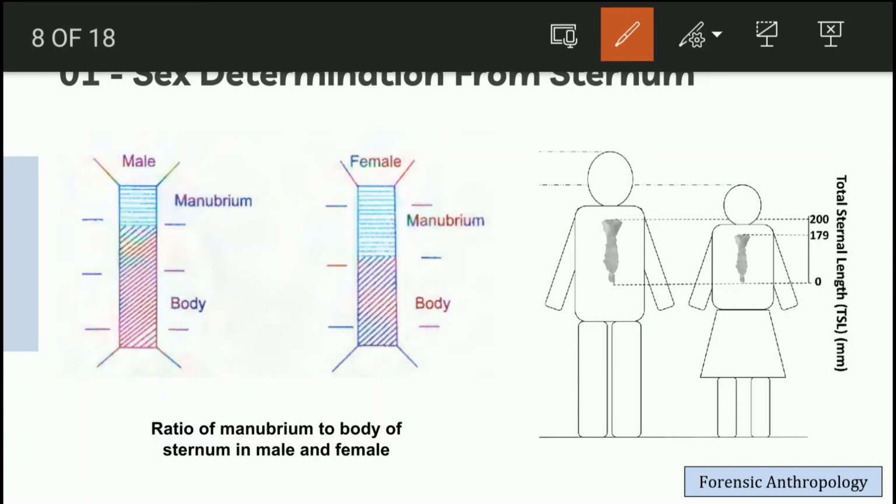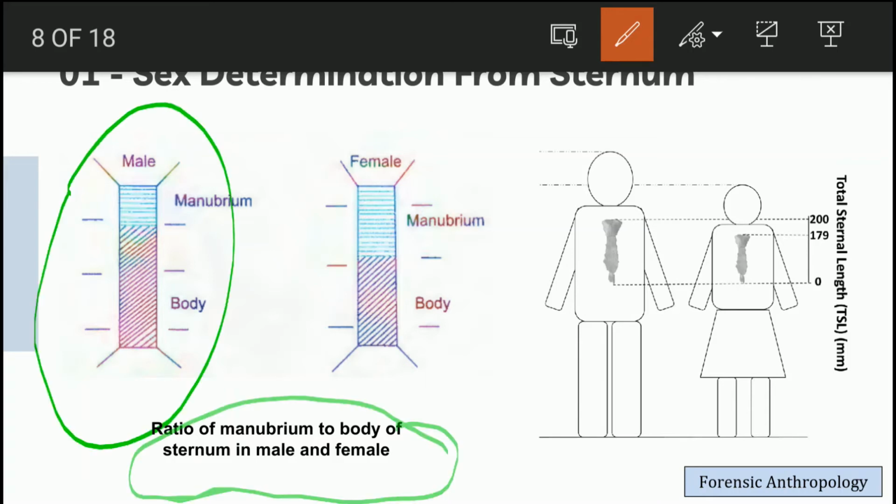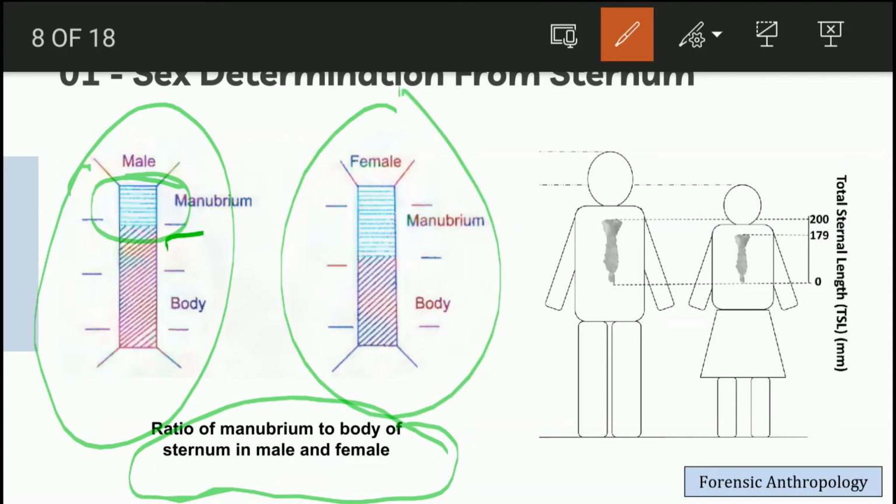Here is the ratio of manubrium to the body of the sternum in male and female. Here is the male sternum and here is the female. We can see this is the manubrium and the body length is more than twice its manubrium, and in the female this is the manubrium and the body length is less than twice its manubrium.